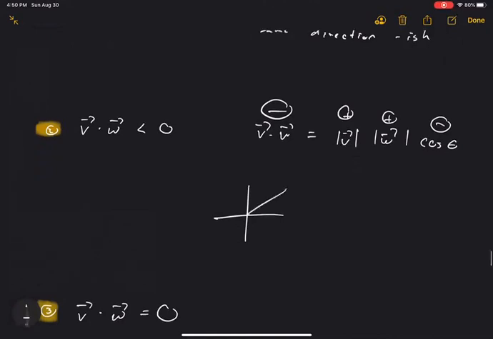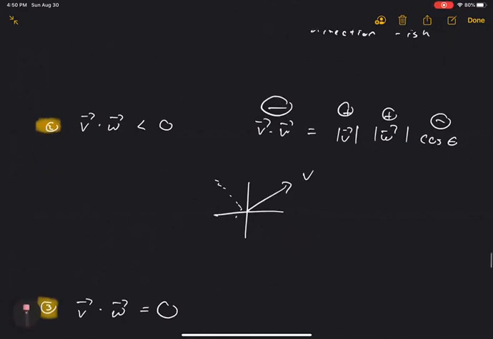So for instance, if that's my V, and my vector W, let's say that's 90 degrees away from V, and that's 180, I would expect my vector W to be somewhere in there. Now, this doesn't mean we have to be moving counterclockwise.